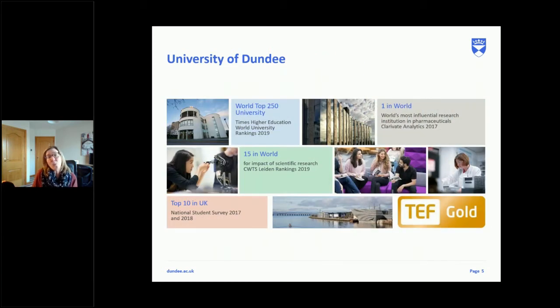Why choose Dundee? As you can see from the listings there, we're frequently placed highly in the university rankings, and we're very proud of those rankings. We have a substantial global reputation with students from over 150 countries around the world.